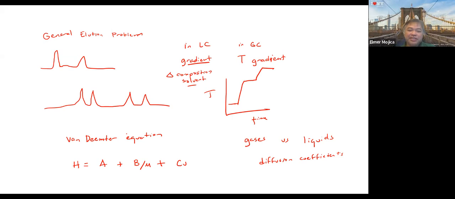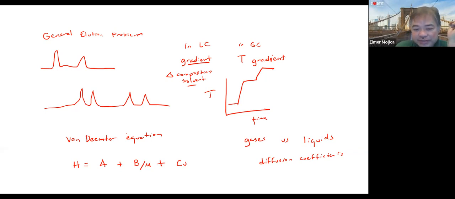So the practical thing here is you don't have the band broadening that you usually observe in LC. Okay? So the GC peak is better in terms of sharpness compared to what we call HPLC.